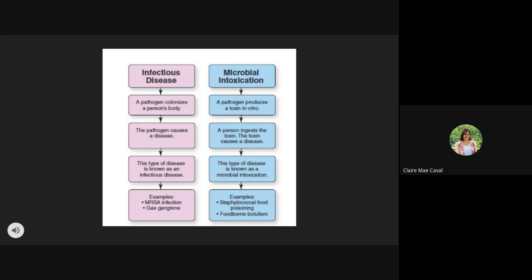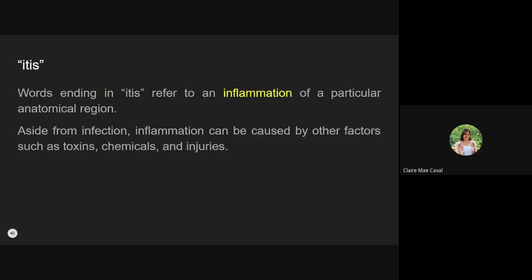But going back, let's focus on infectious disease. Before we start with each anatomical site and the microbes that cause infectious disease, we will first know what -itis means. Words ending in -itis refer to an inflammation of a particular anatomical region. Inflammation is not only caused by infectious agents, it can be caused by other factors such as toxins, chemicals, and injuries.